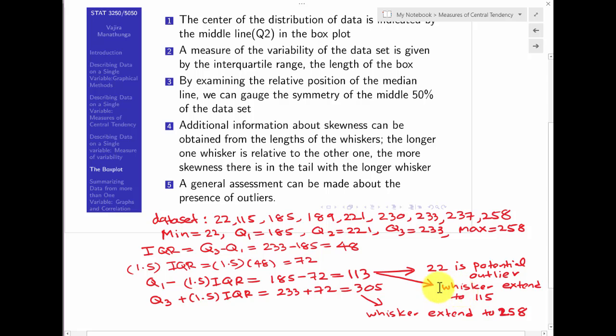And the smallest observation after 113 is 115. So the whiskers extend to 115. Now if you go to the upper end, Q3 plus 1.5 times IQR gives you 305. So whiskers can go until 305. But the maximum observation we have is 258. So whiskers extend until 258 and end at that point.